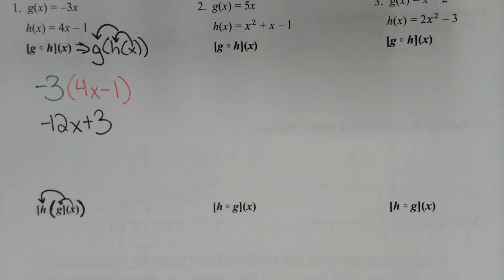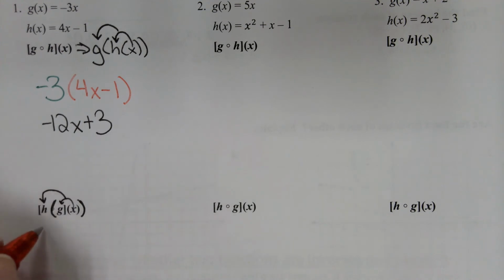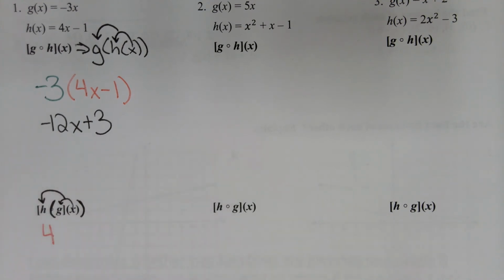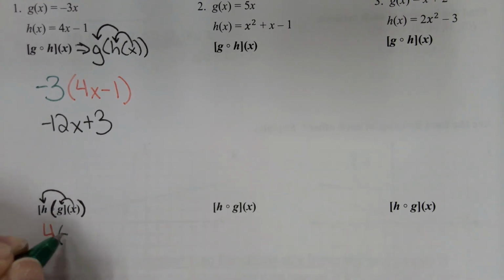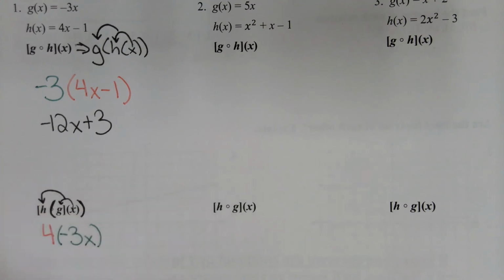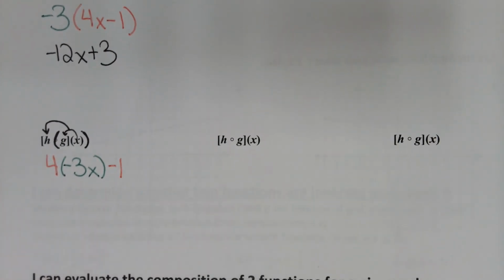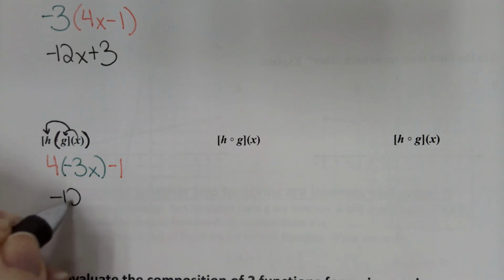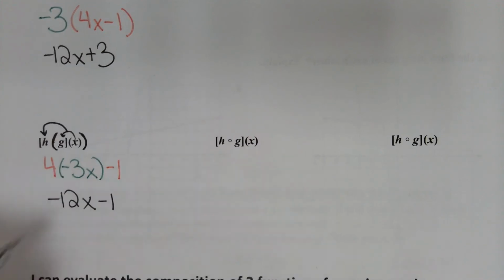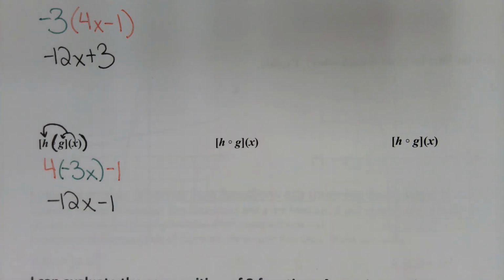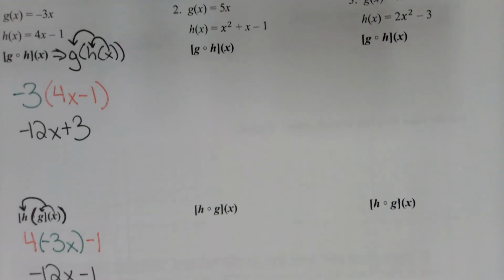So that means that we will have 4 times, in parentheses, negative 3x, and then there's a minus 1. So 4 times negative 3x gives me negative 12x, and I still have minus 1. So notice when I did the reverse, it was not the same. Let's take a look at the next one.